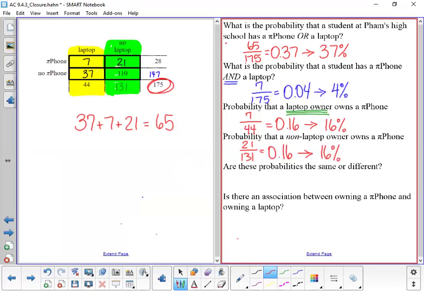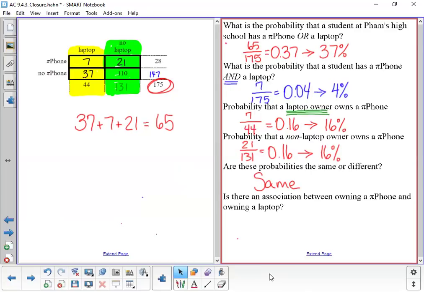These probabilities are the same. There's a 16% chance that if you own a laptop, you will also own a Pi phone. But there's also a 16% chance that if you don't own a laptop, you do own a Pi phone. So when we're dealing with categorical data, we talk about the categories being associated or having a relationship if the probabilities are different.